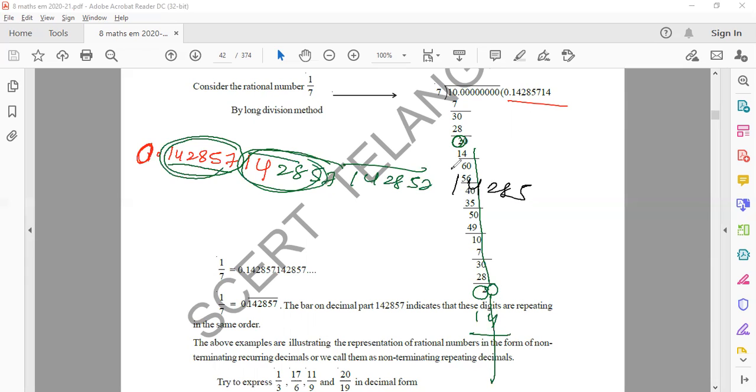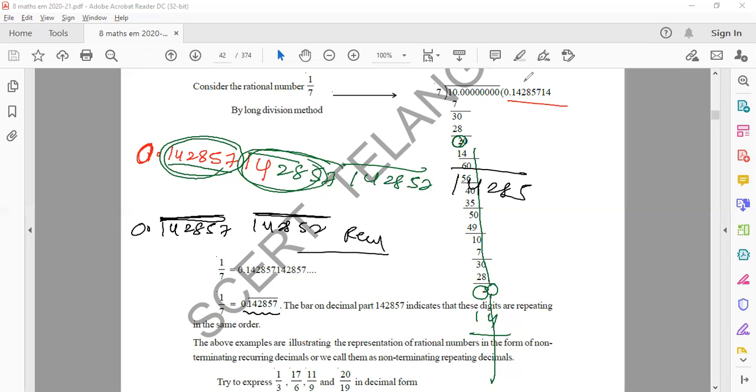It keeps on going. So the final answer they write is 0.142857 with a bar over 142857. This is the value going to repeat. This case is called non-terminating but recurring, non-terminating recurring.